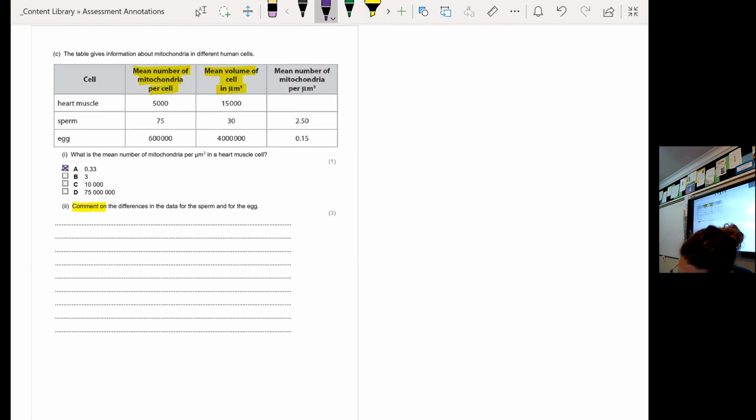Using the data for the sperm and the egg, from the volume I can automatically tell that my egg is much larger than my sperm, because the volume of my egg is 4 million micrometers cubed compared to 30.